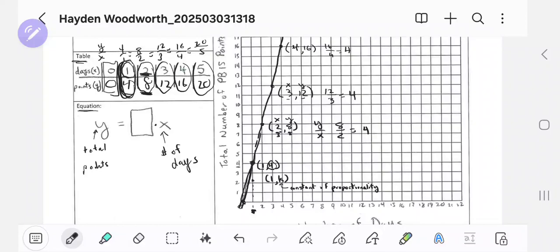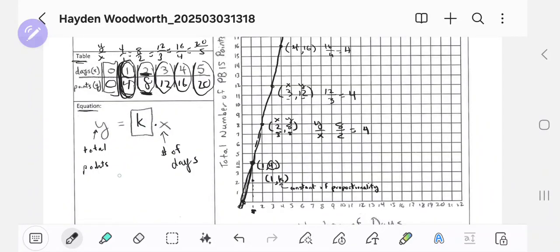Well, after 4 days, what do I multiply by to get 16 points? After 5 days, what do I multiply by to get 20? Now, wait a minute. Isn't it just that number we kept getting when we divided? Isn't it just our k, constant of proportionality?